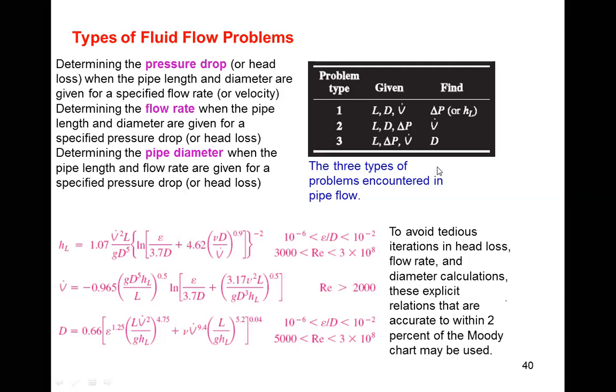Being a chemical engineer, a pipeline engineer or piping engineer, it is your part to tell him this is the material of construction, because material of construction will change your roughness. This is the diameter, this is the length, because you cannot have every diameter of pipe available in the market. You cannot have 1.1 diameter, 1.2.